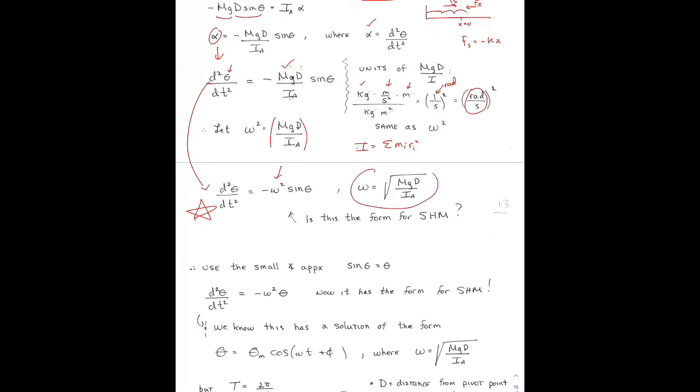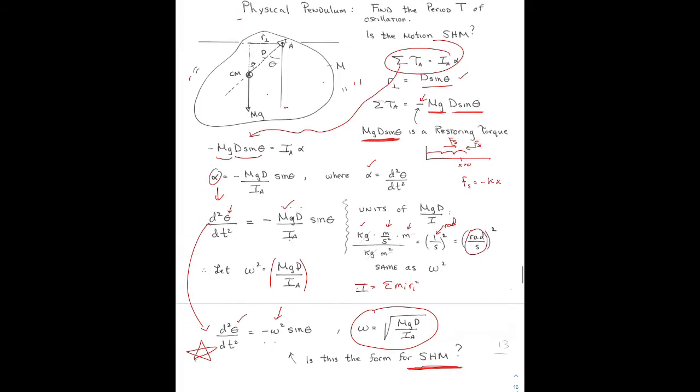What's the omega? Well, you take the square root of both sides, and there's your omega. Is this the form for simple harmonic motion? No, because you have a function, take two derivatives, you get minus a constant, which is good, but you don't get the same function back. You get the sine of the function. So that's the exact same thing we had with the simple pendulum.